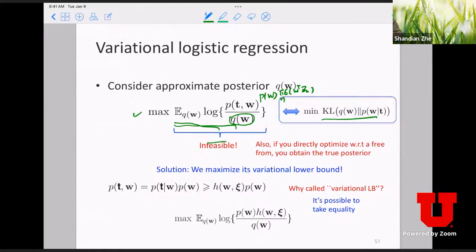Of course, if you're able to do that, you essentially compute the exact posterior. But unfortunately, we're not able to do that because of the intractability introduced by the logistic likelihood. So our goal is to introduce a lower bound of the joint probability, which is P of w times this h of w, psi, with an additional parameter psi. Then we shove this lower bound into this expectation and maximize it with respect to Q of w.